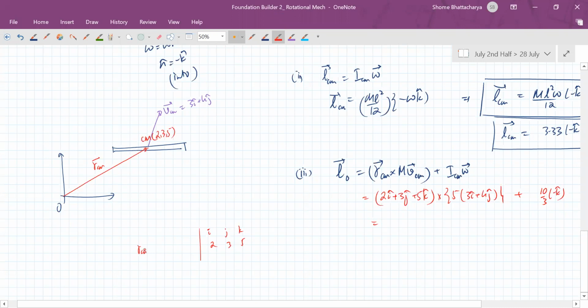This is my R CM cross V CM. That is minus 20 i cap plus 15 j cap.